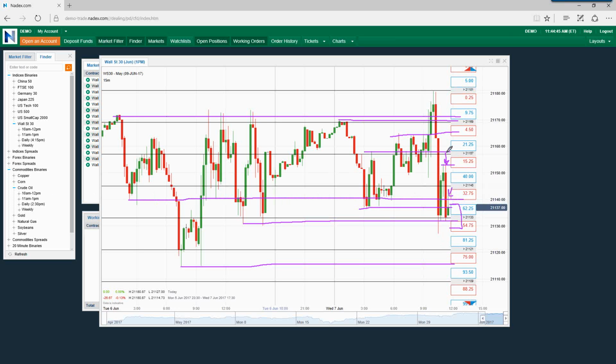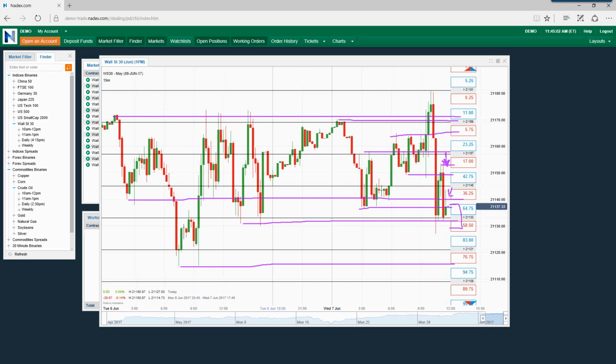But this particular bar right here says you're probably going to see another push down. Euro dollar. Does anybody have questions on the Dow? The euro dollar. Okay, let's go look at the euro dollar.